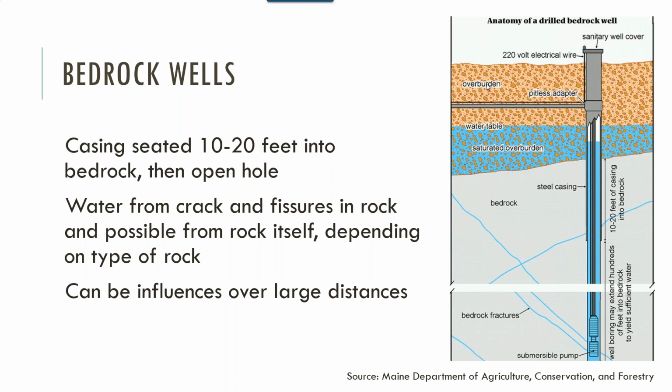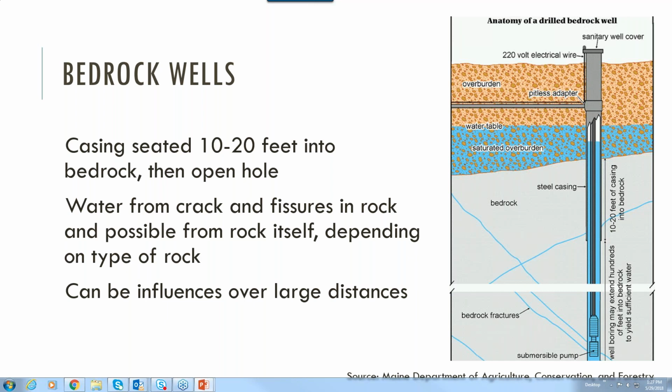In that case, you may only have 20 feet of casing. So you could have a 200-foot bedrock well that only has 20 feet of casing. Now, most states require at least 50 feet now. That's not true everywhere. Some states have no well construction code still. But I've run into a lot of wells that are 600 feet deep and they have 12 feet or 15 or 20 feet of casing.